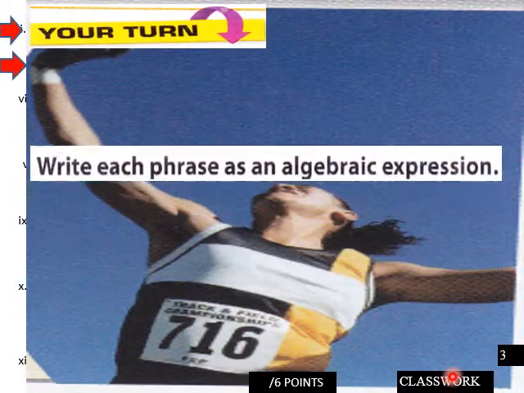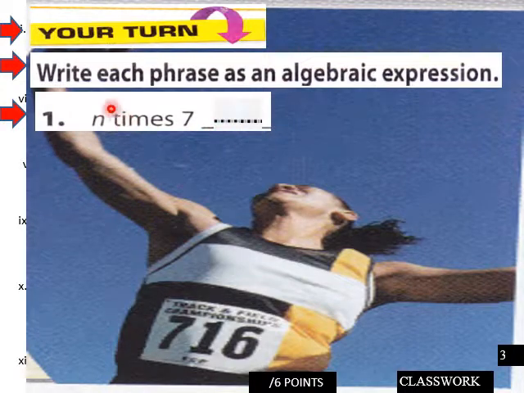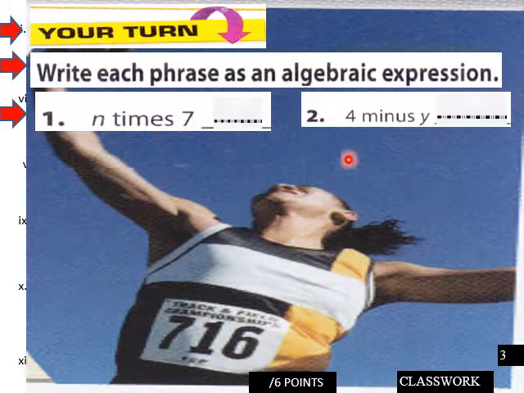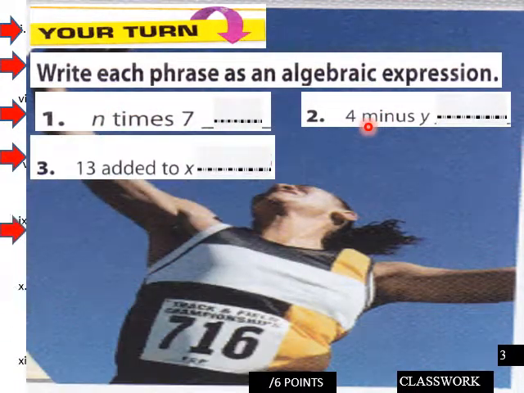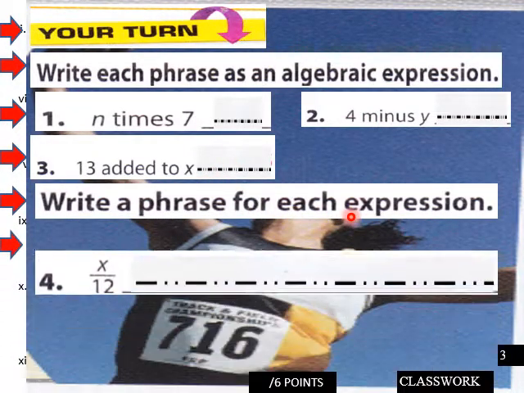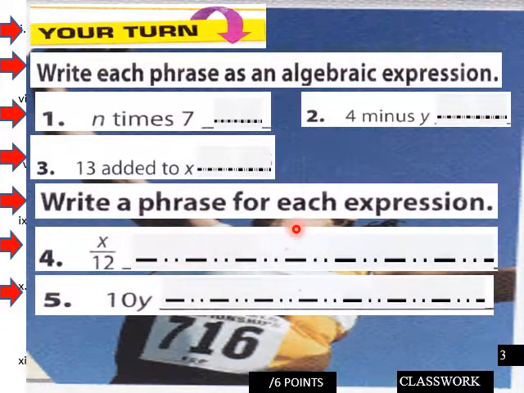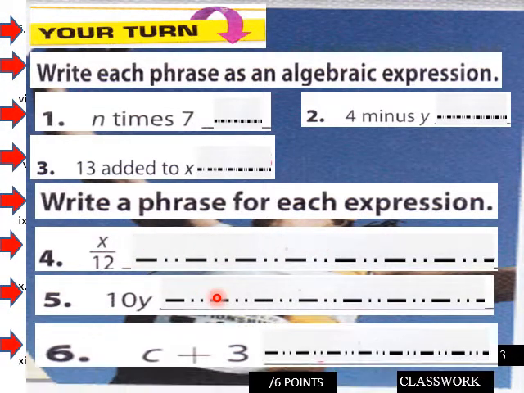Page 3 of our classwork, your turn, students. Write each phrase as an algebraic expression, and then write a phrase for each expression. So now you get to write a phrase for this, students. Get on that.